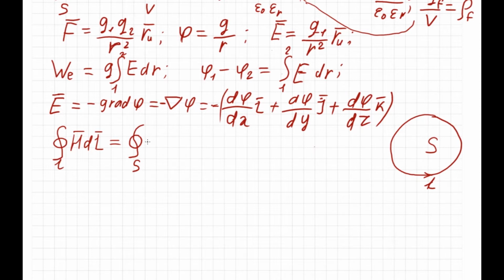It equals curl H dS. S is a vector, a normal vector to the area surrounded by this contour.